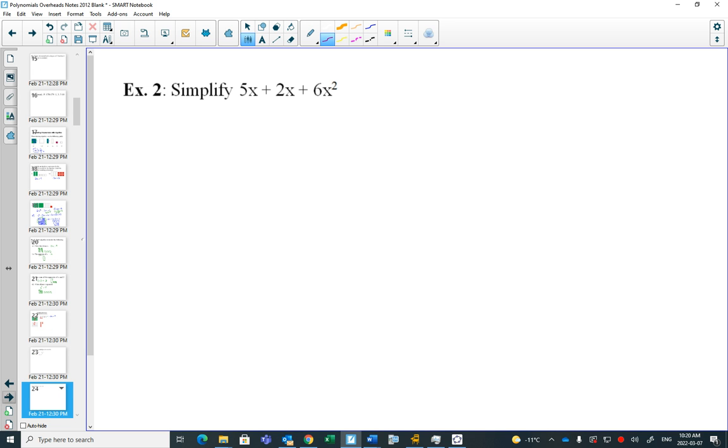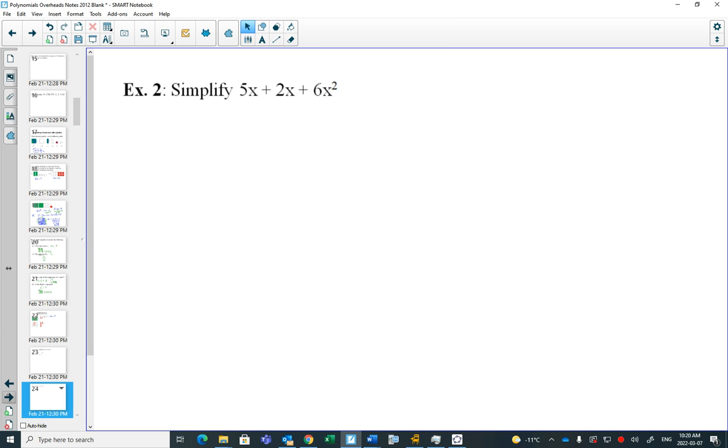Simplify. 5x plus 2x plus 6x squared. So if we're doing this with Algetiles, we could draw it all out and figure it out. If we're doing it without Algetiles, we would have to say, are any of my terms alike? Is 5x alike with anything else?